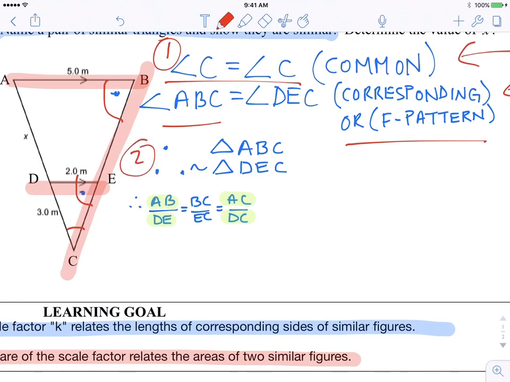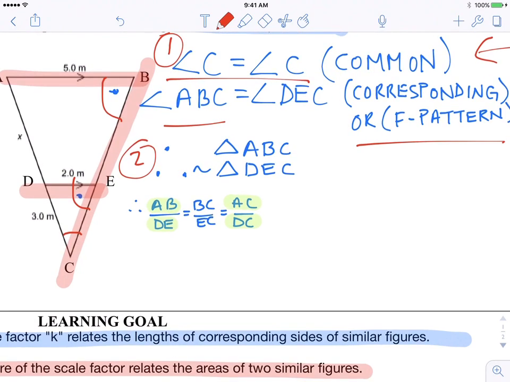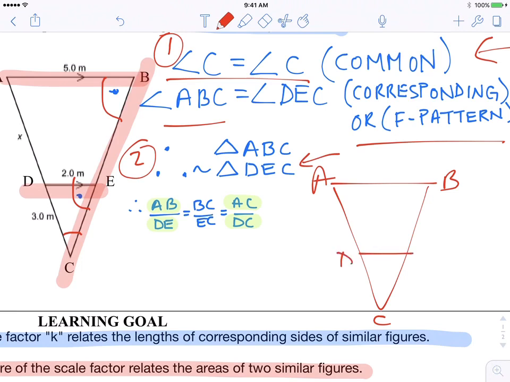You label triangle ABC, but you want to make sure when you label triangle ABC that you line up the next triangle, the second one, so that you line up angles together. We just proved that this is parallel to this, and this is D and E. We know that this angle in here and this angle in here are the same, so I'm going to make sure that B and E line up with one another.